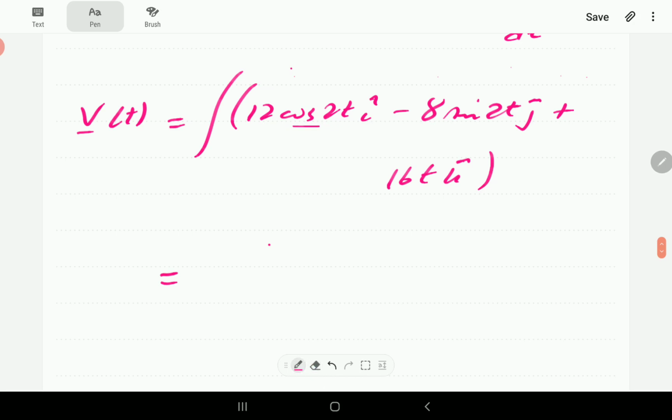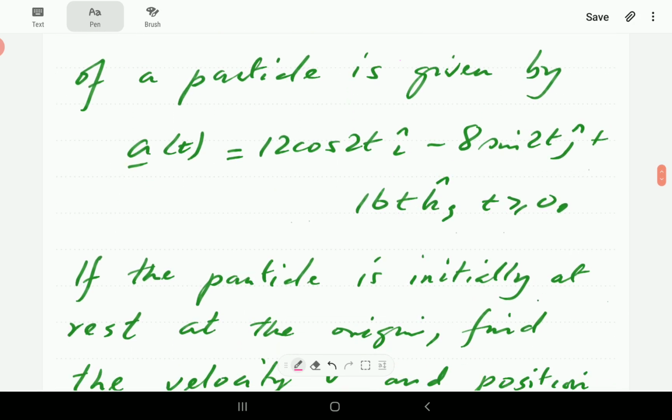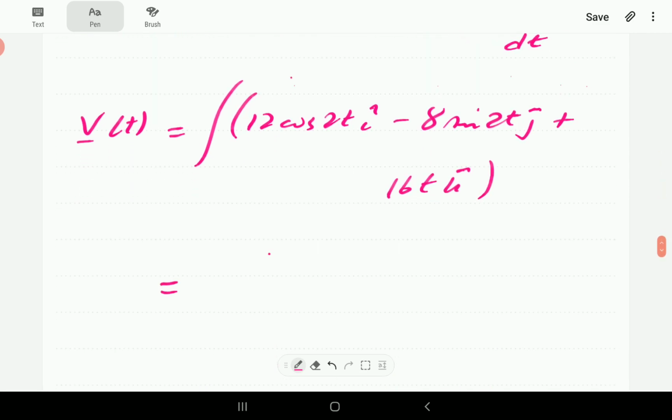So the integral of cos 2t is going to be negative half of sine 2t. No, it's actually not negative, it's positive. So the first term is going to be 6 sine 2t, and then the integral of negative sine is just going to be positive cosine, but we're going to have to divide by 2.